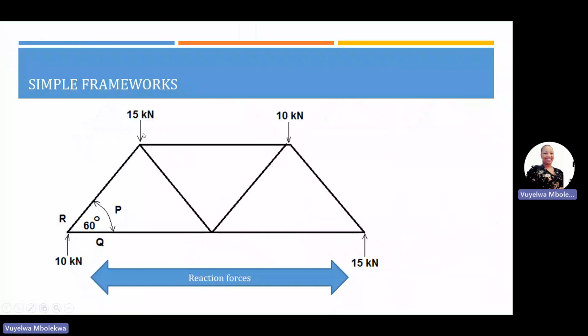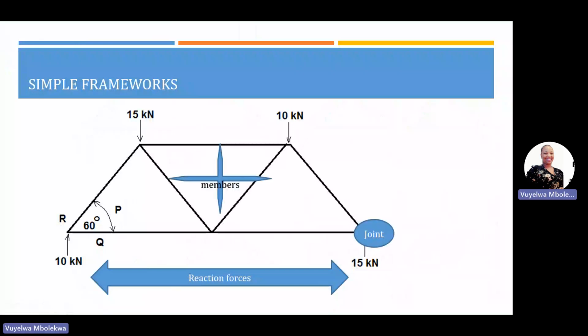Sometimes they give you both of those in the one year. In such a case, you can just say upward forces are equal to downward forces to get the unknown reaction force. Or sometimes they give you distances. If they give you distances, it will enable you to take moments to calculate that reaction force. So it depends. And I've already said that those are members.